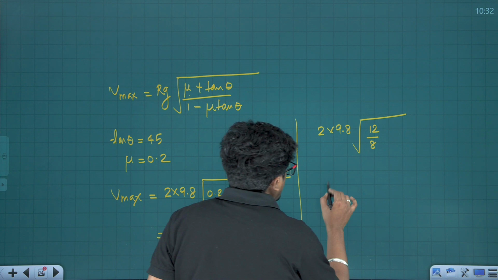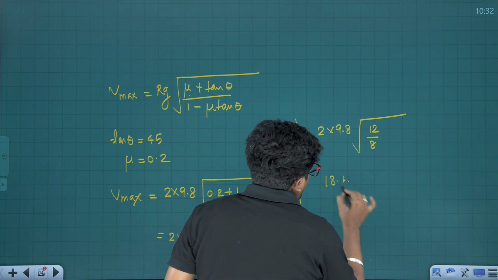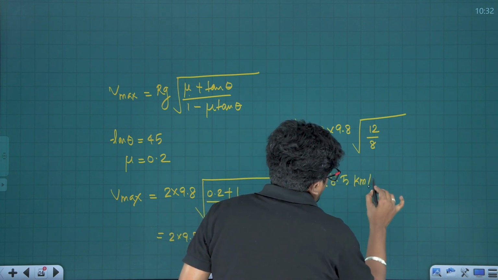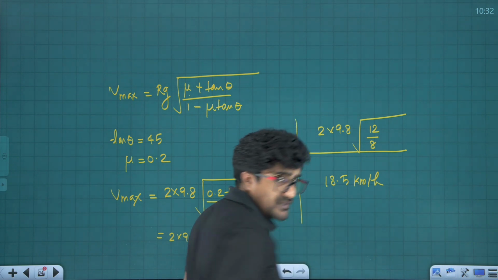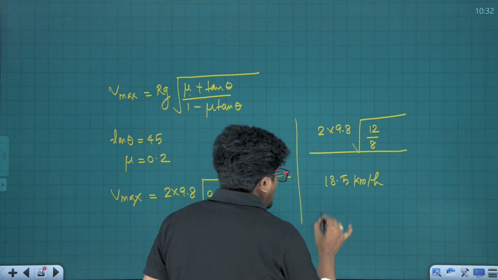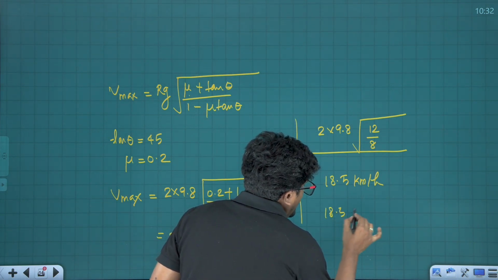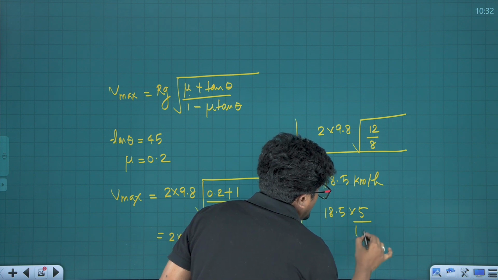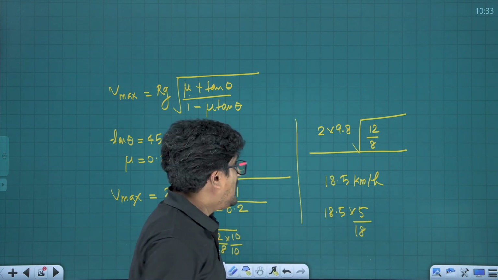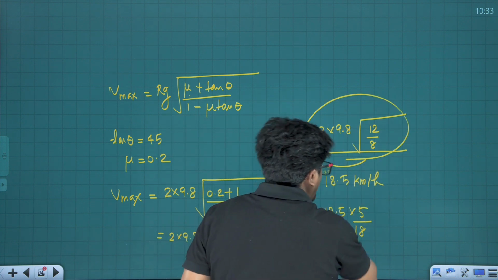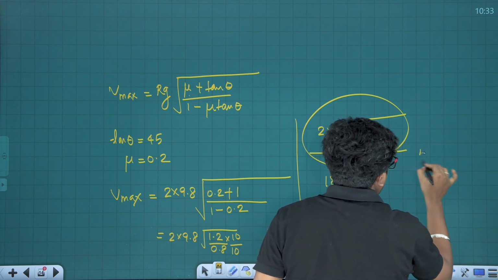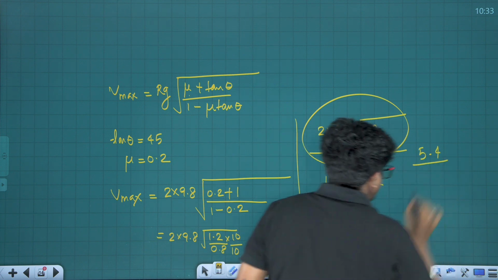18.5 km per hour. This is in meter per second. So here 18.5 into 5 by 18. This particular value, if you solve, you are going to get approximately 5.4.